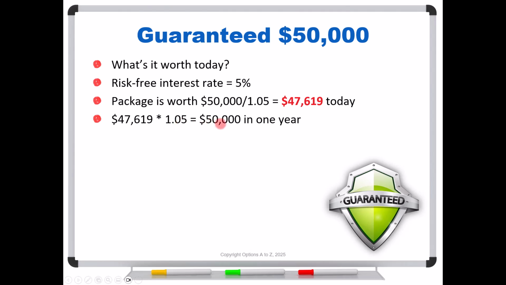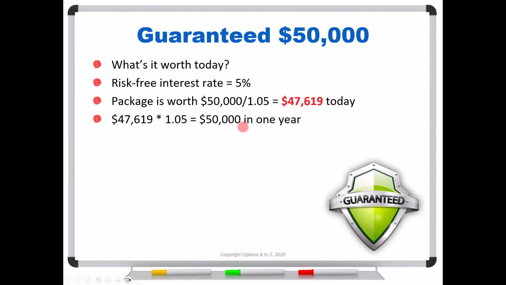It will mature to $50,000 in 1 year, exactly as it should. So this $47,619 is called the present value of $50,000 in 1 year, assuming that interest rates are 5%. $50,000 is called the future value of this $47,619.